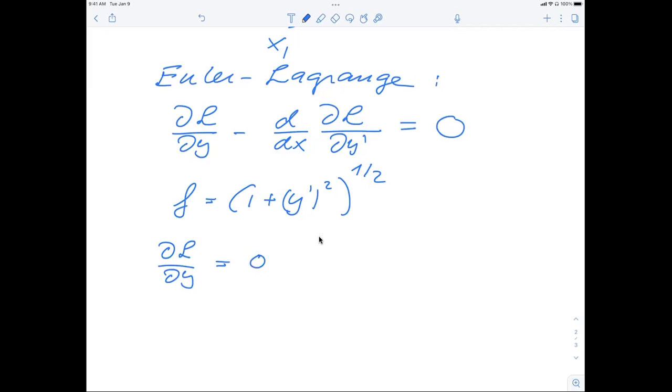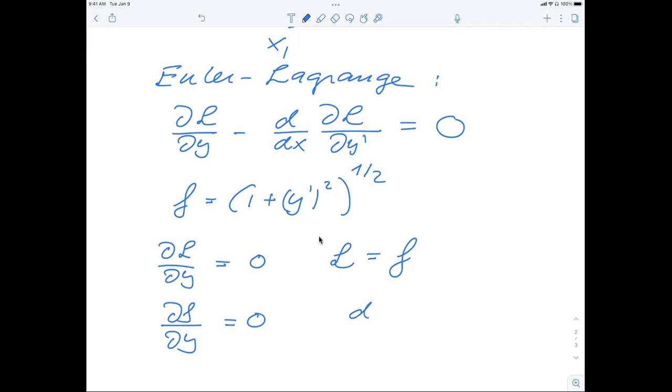In our case, this L, which we had previously, is actually given by this function, which we have now called f. So L is no longer the Lagrangian, but it is a function which we label f, which corresponds to this tiny displacement ds. So in our case, ∂f/∂y, there's no y dependence, so that has to be equal to 0.